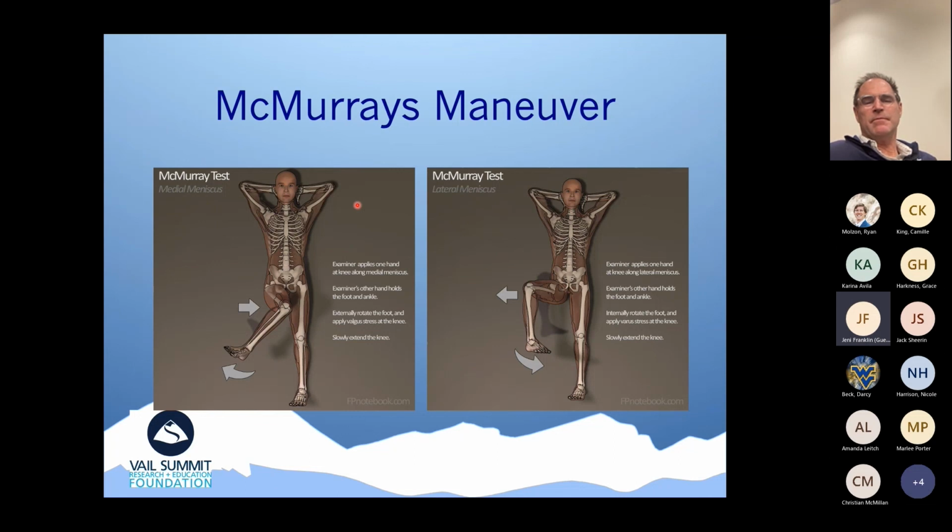So those are the three big takeaways just on physical exam from here: pivot shift, Lachman, and McMurray's maneuver. But each one of our specialty exams has a different origin to how it came to be and who did it. And I find all that stuff fascinating and fun to learn.